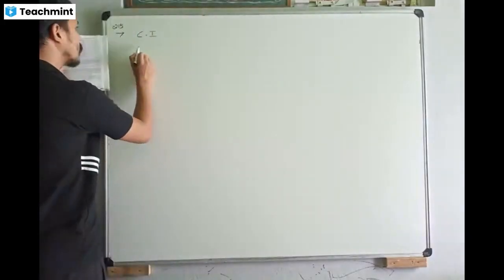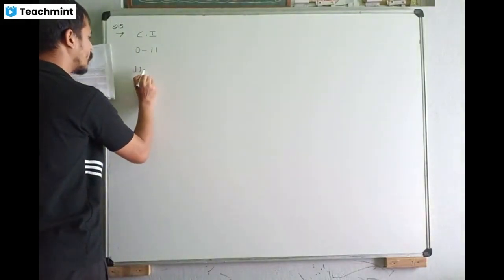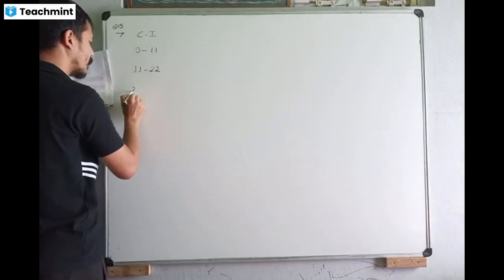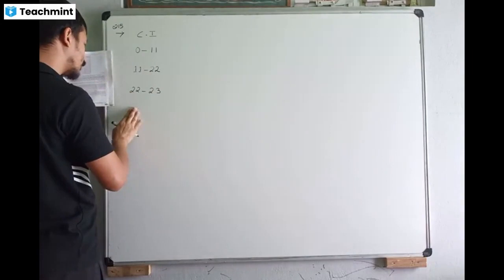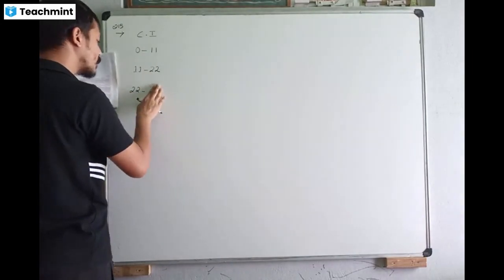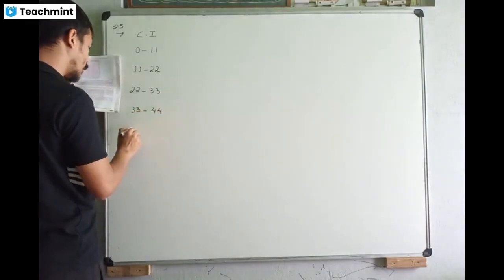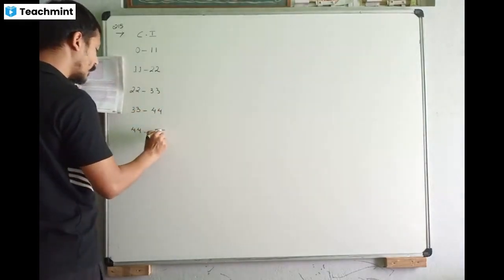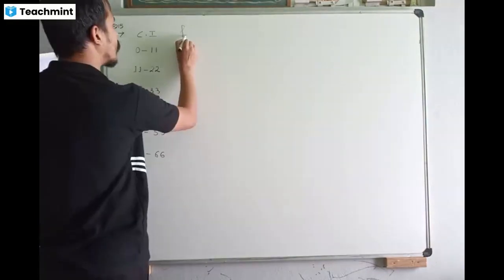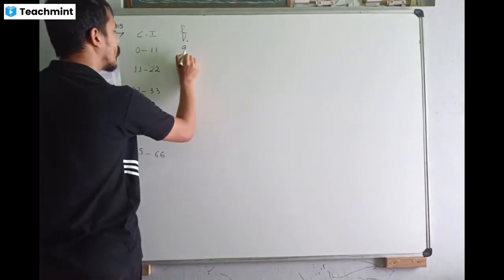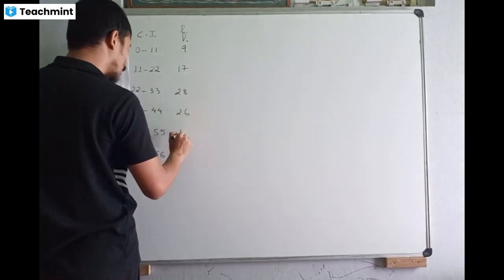So your class intervals are 0 to 11, 11 to 22, 22 to 33, 33 to 44, 44 to 55, 55 to 66, and your frequencies, directly given, are 9, 17, 28, 26.